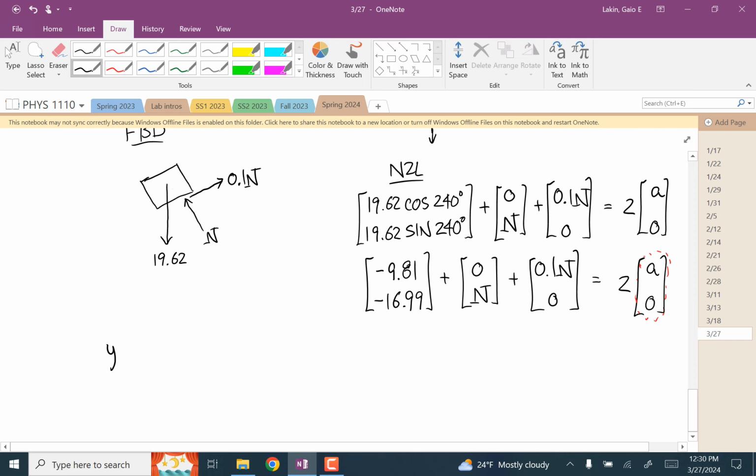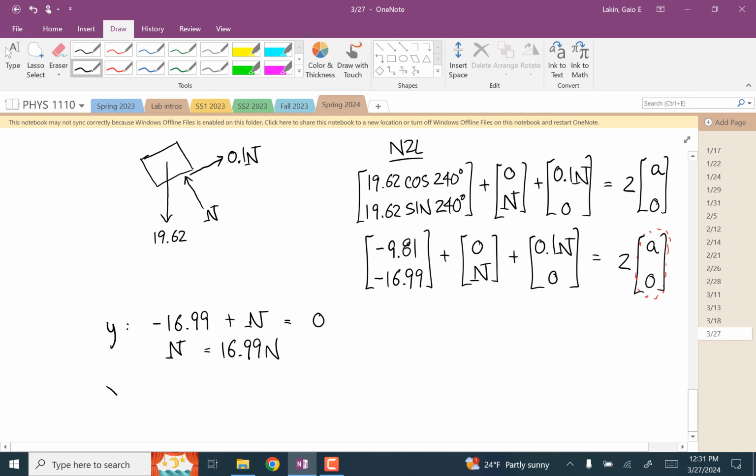Okay, so the y equation says negative 16.99 plus n is equal to 2 times 0. So n is equal to 16.99. Remember, the plain n is newtons, the fancy n is normal force.